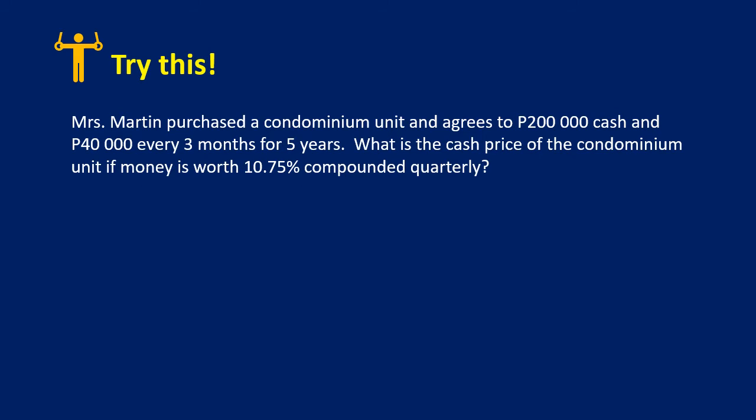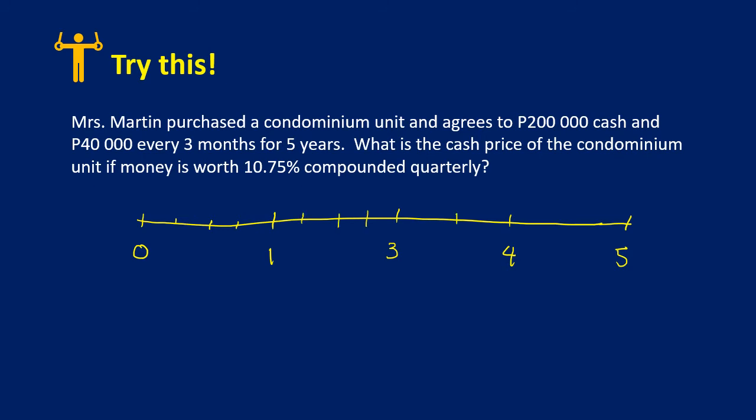All right. Anyway, so let us now compute. So let's have a table. So this is 0. This represents the number of years, 3, 4, and 5. And of course, each of these are divided into 4 parts, just so that you can imagine.